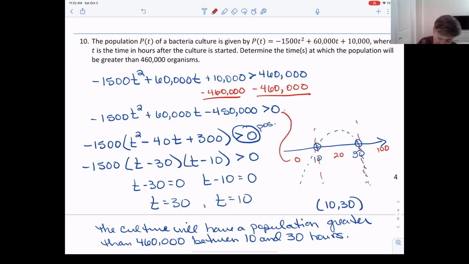And if we plug it into the equation, once we got it greater than 0, then that would give us a negative 450,000. Oops, comma's in the wrong place. If we plugged in 20, that would give us a positive value. And if we plugged in 100, that would give us a negative value. So that would still give us positive numbers greater than 0 between 10 and 30.